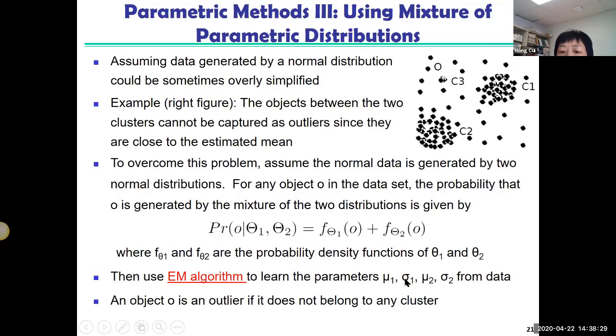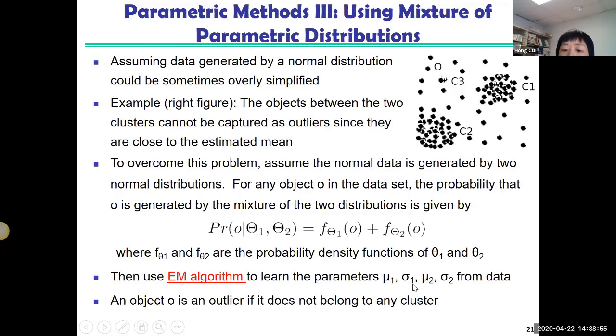And then using that, we compute the new mu and sigma, again, that's maximization. Iteratively through these two steps, we eventually converge on the parameters that we want to learn. So this EM algorithm can help us if we know how many distributions are involved.